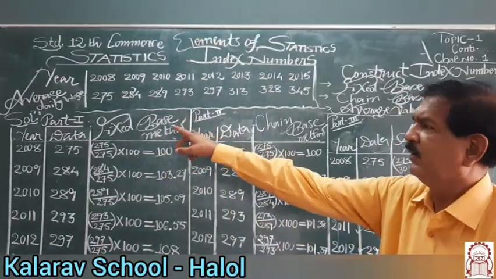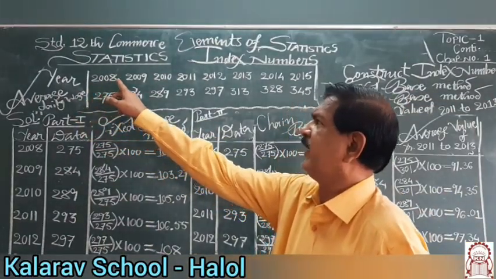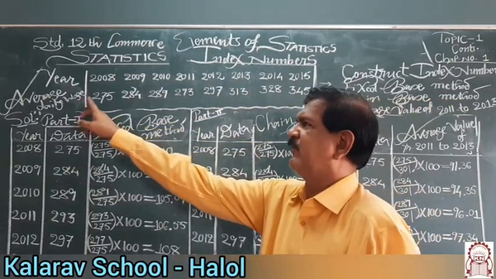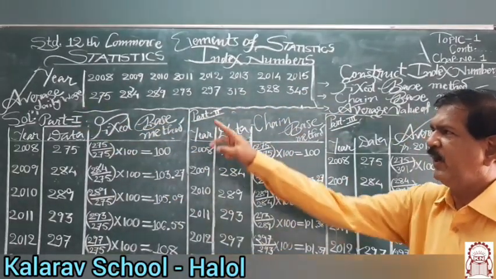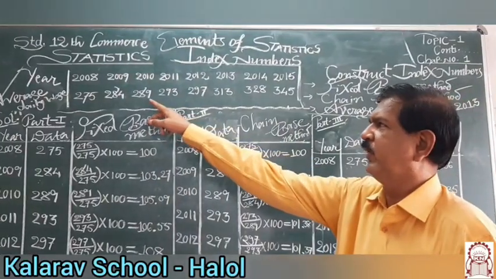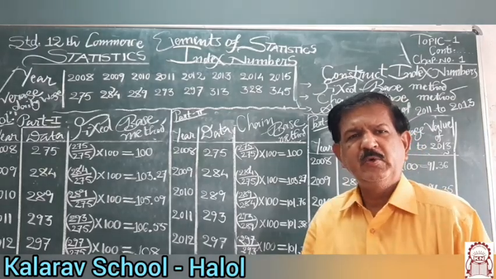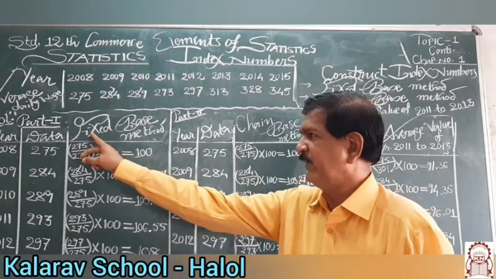We see for this data, 2008 to 2015, average daily wages are given to us: 275, 284, 289, 293, etc. Part 1, fixed base method.